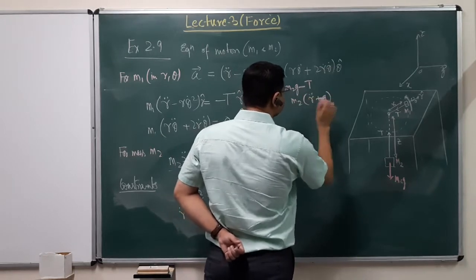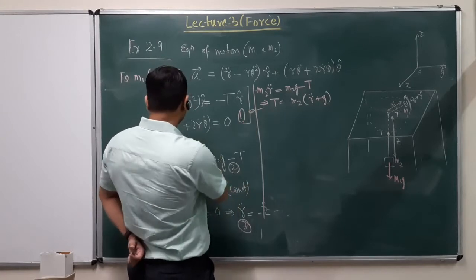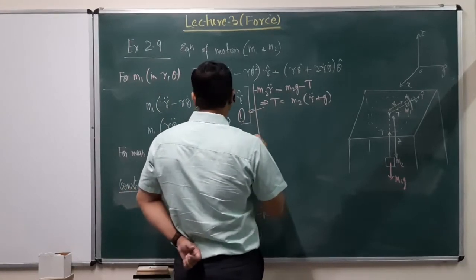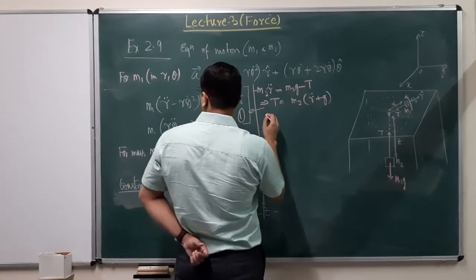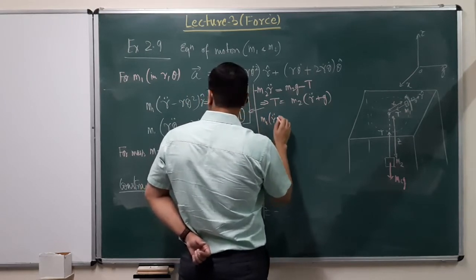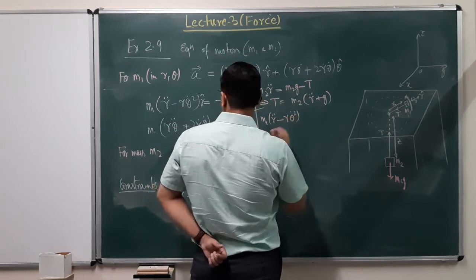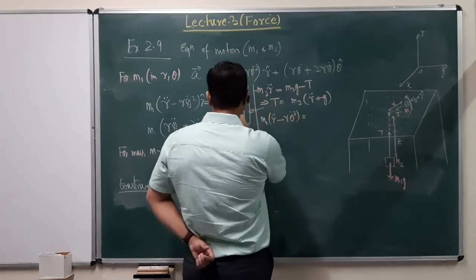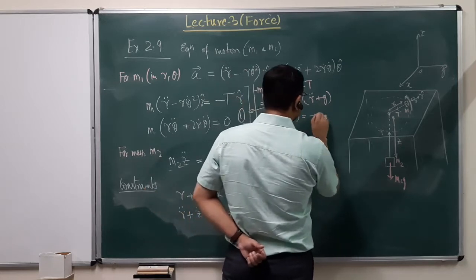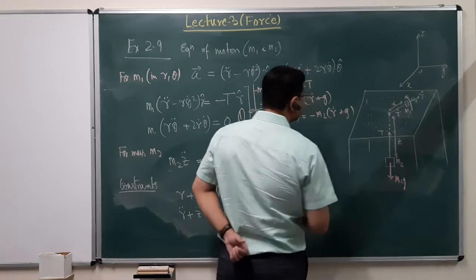Now with this t value we can put it back here to solve for r double dot, and what we get is m1 r double dot minus m1 r theta dot square is equal to minus t, and that is minus m2 (r double dot plus g).